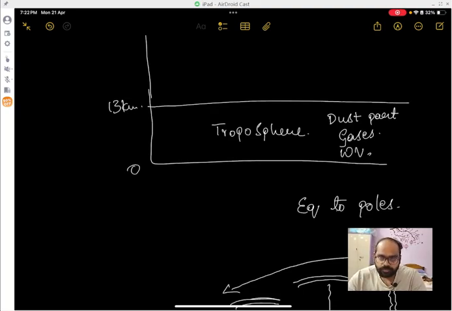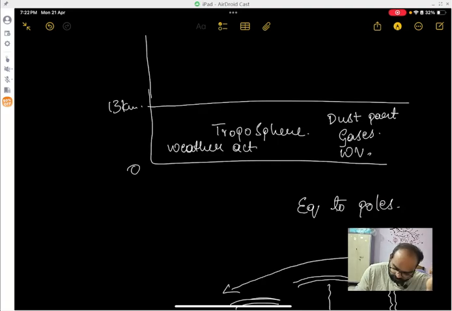Due to the presence of dust particles, gases, and water vapor, we see the formation of clouds in the troposphere itself. Complete weather activity happens in the troposphere due to the presence of all the gases, dust particles, and water vapor.